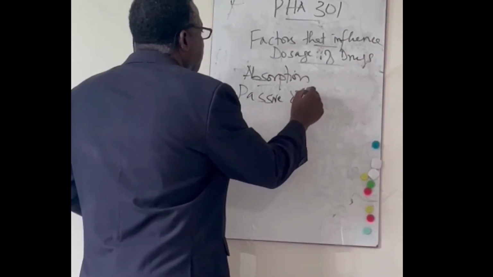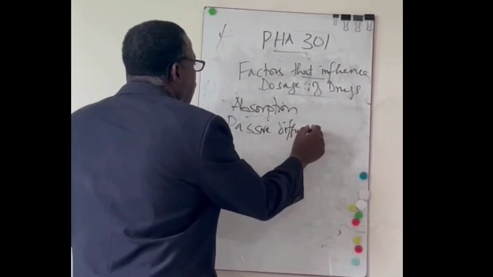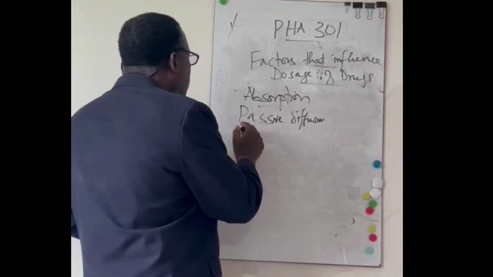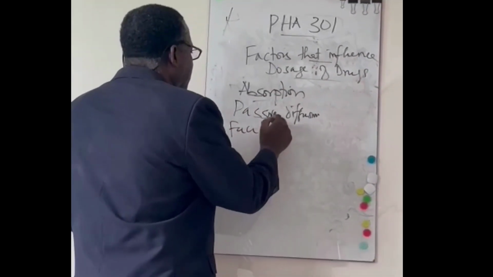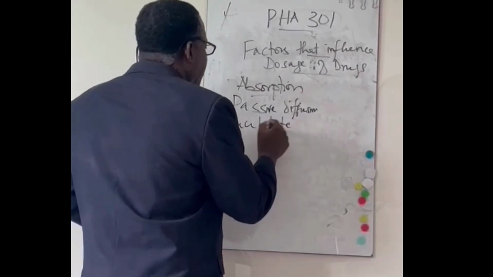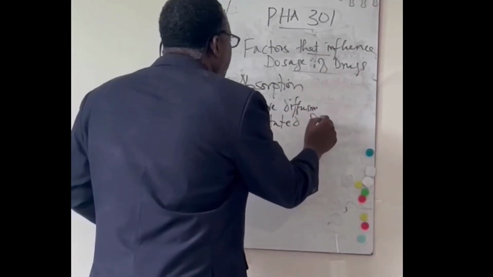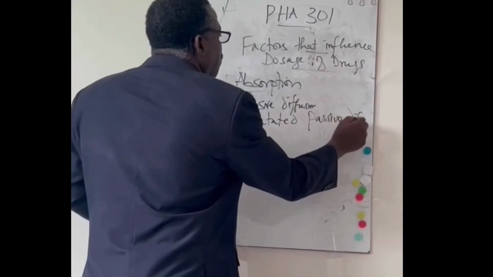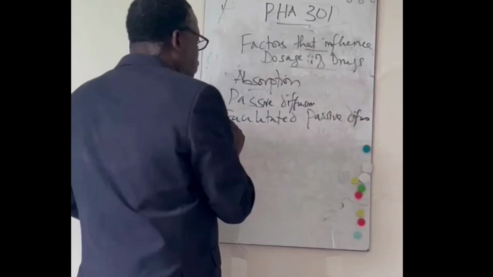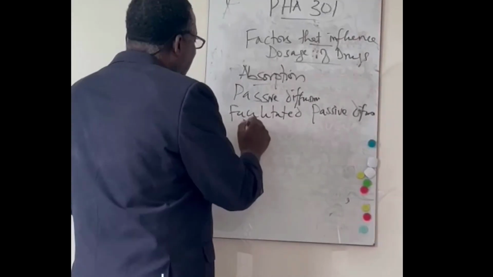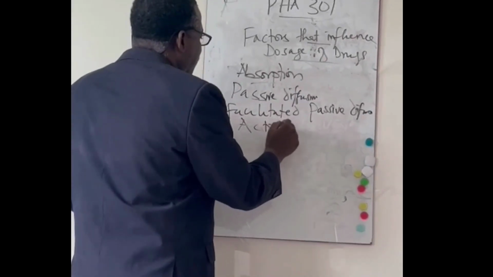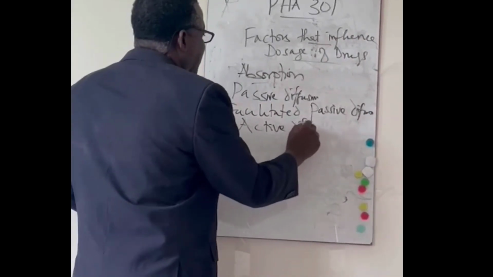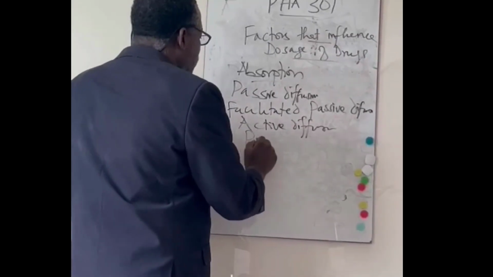The second one is facilitated passive diffusion. The third one is what we call active diffusion. And the last one is called pinocytosis.